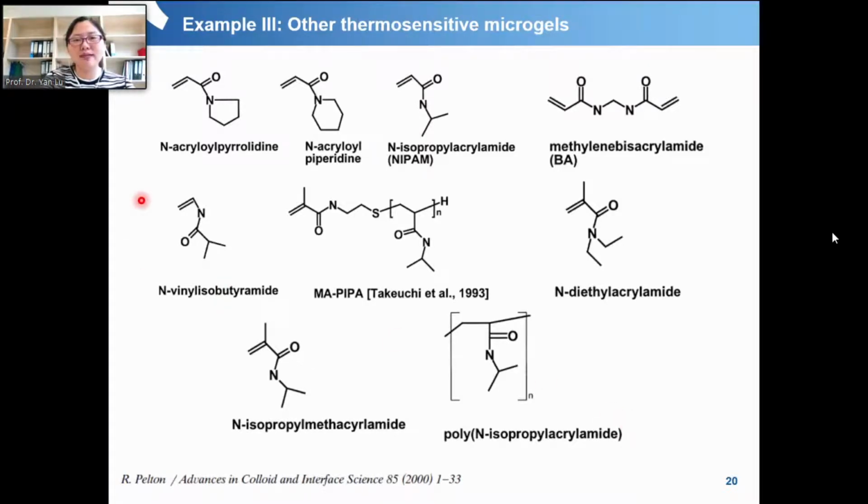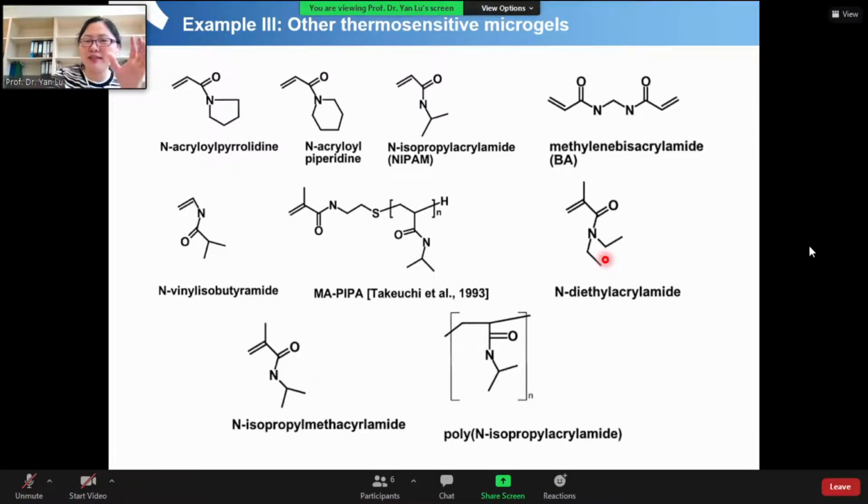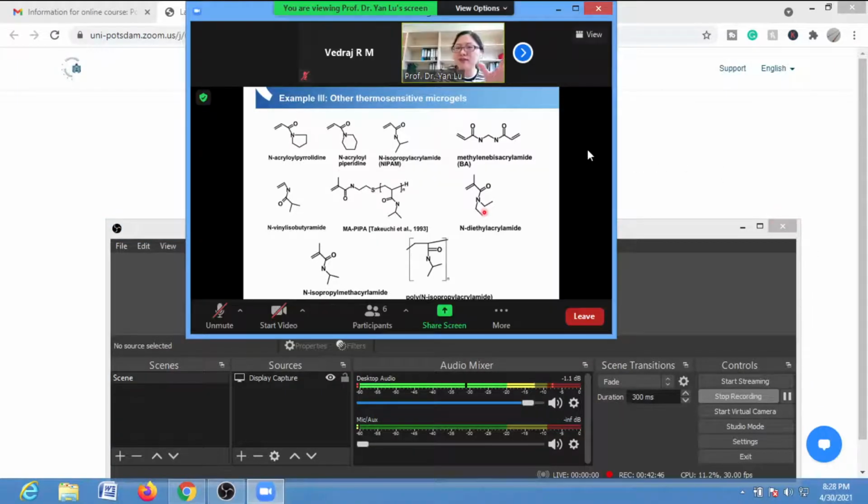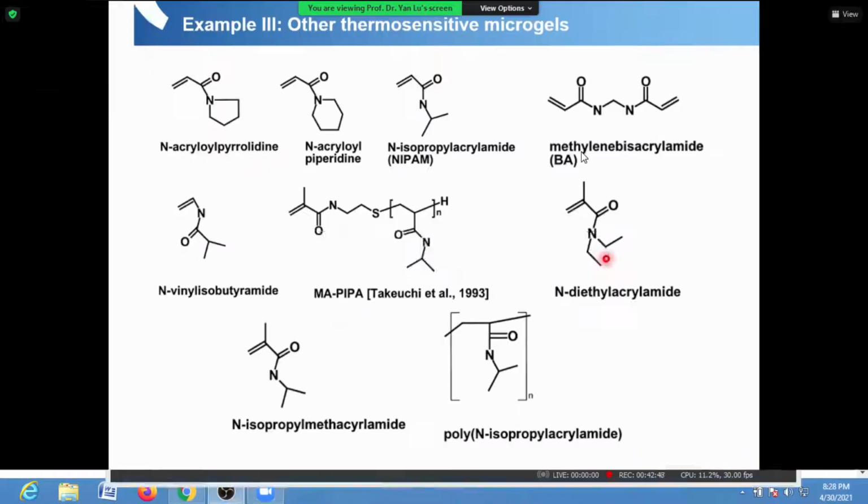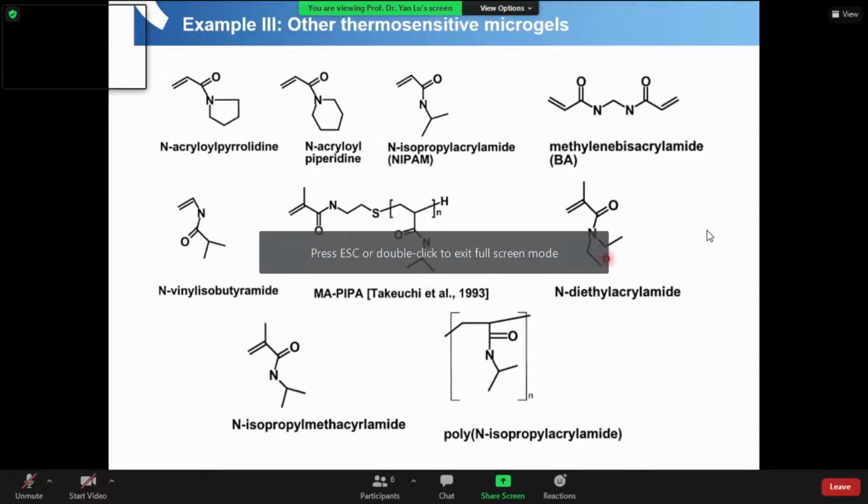You can see you can have different functional groups on your chains. And in that case, of course, each individual system will have a different transition temperature. So this is really system dependent, or functional group dependent. Really depends on the application.